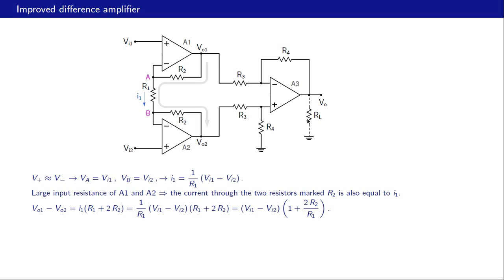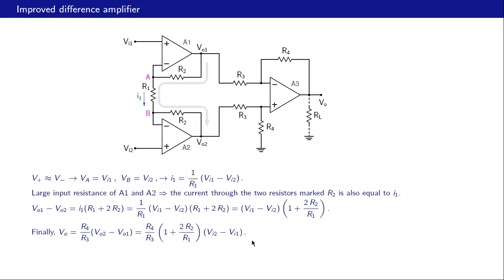it is easy to get the final output voltage VO, because we have already looked at this and we know the gain of this stage is R4 by R3. So then VO is R4 by R3 times VO2 minus VO1, and now we substitute for VO2 minus VO1 from here and get R4 by R3 times 1 plus 2 R2 by R1 times VI2 minus VI1.